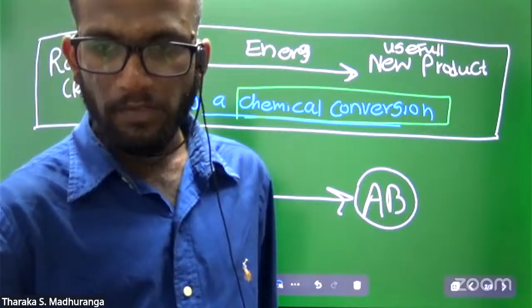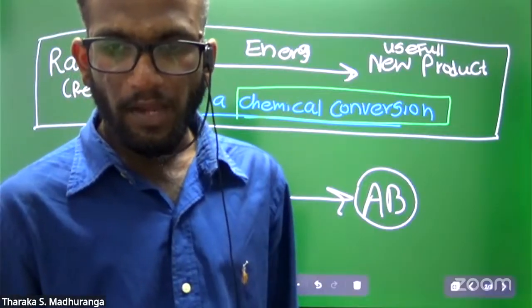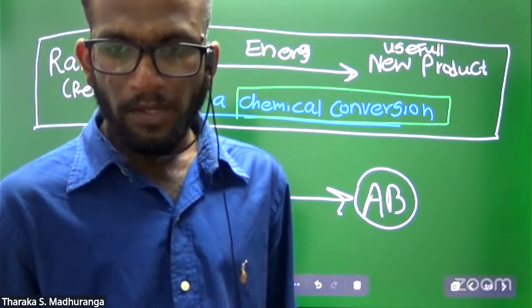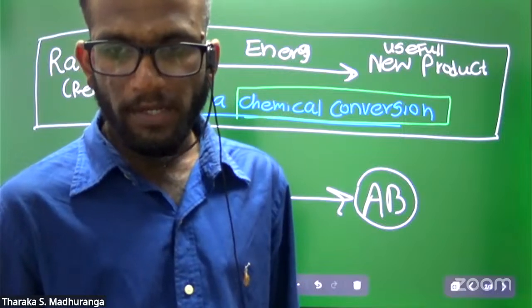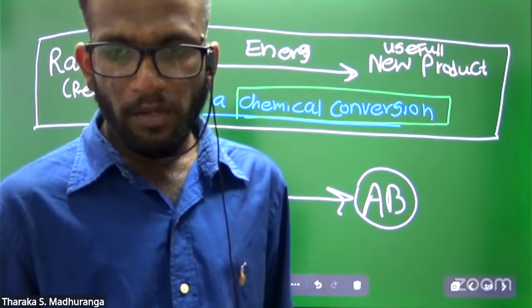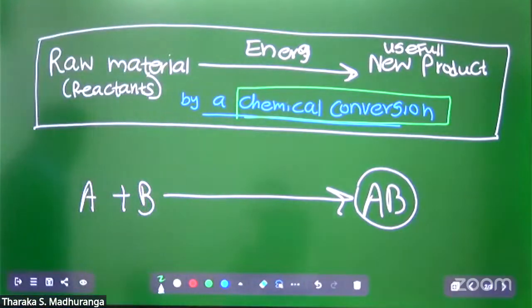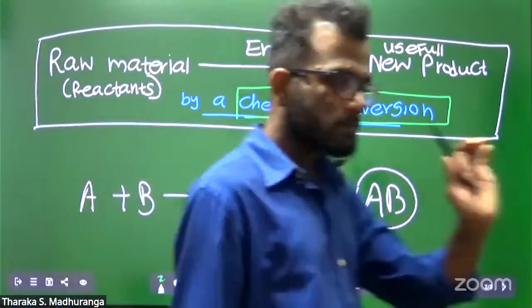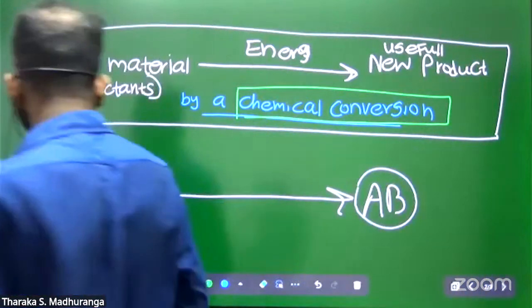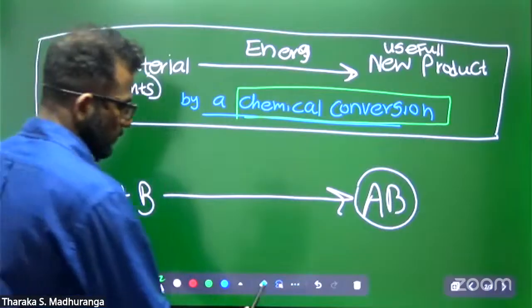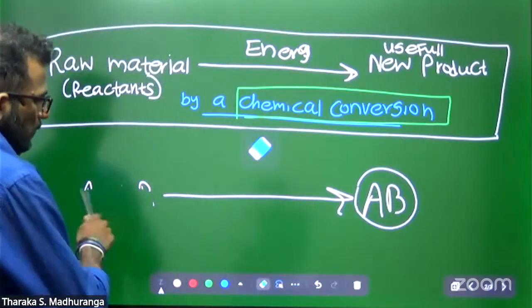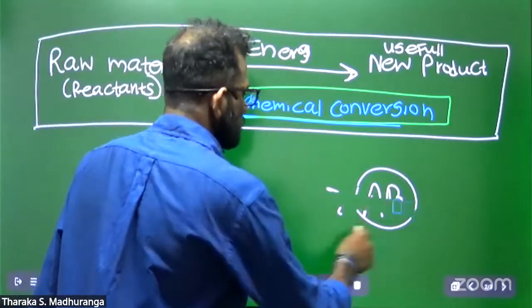Industries that use chemical raw materials and make a useful new product by chemical reactions. The chemical conversion in chemical reaction. Okay, good. This is the chemical industry.